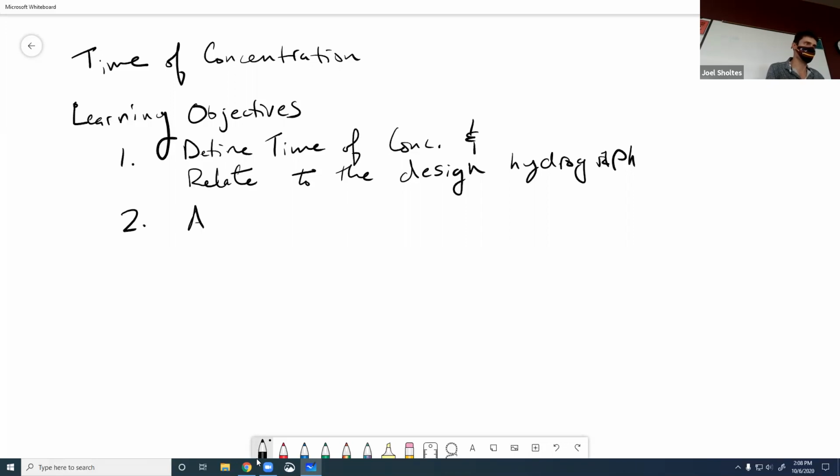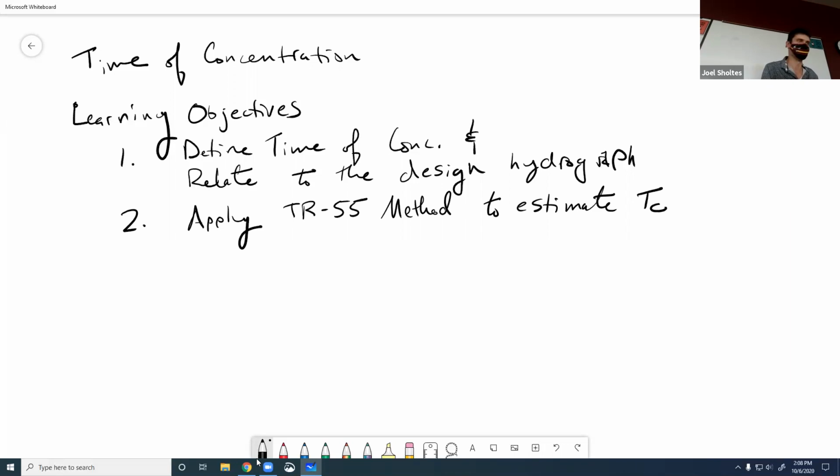We will then apply, I'm going to call it TR55. It's really a compilation of methods, but I'll call it the TR55 method to estimate time of concentration.